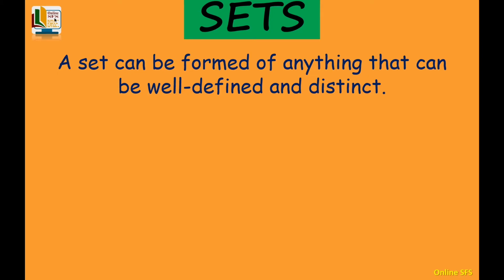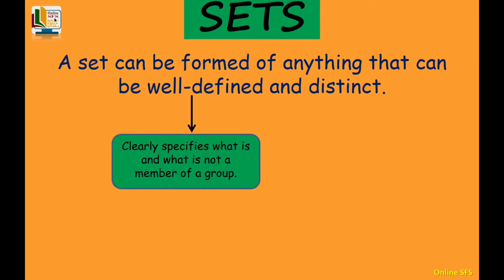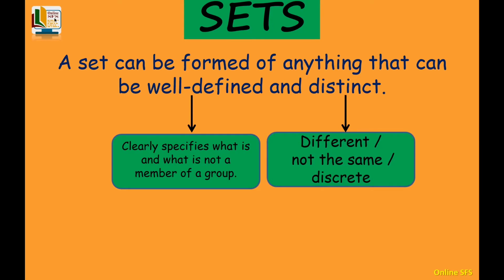Let's talk about what we mean by well defined. Something is said to be well defined when it clearly specifies whether something is or is not a member of a certain group. The word distinct means different or not the same, or in other words, something that is discrete.